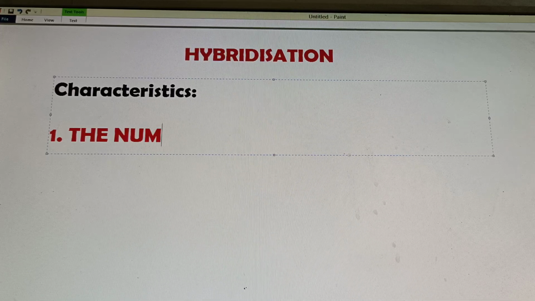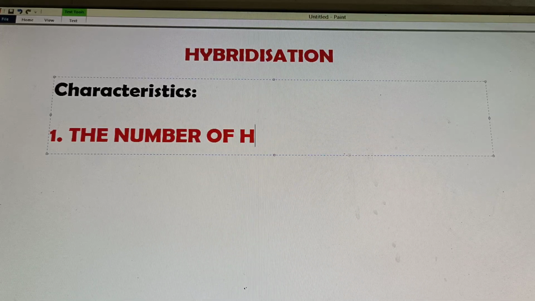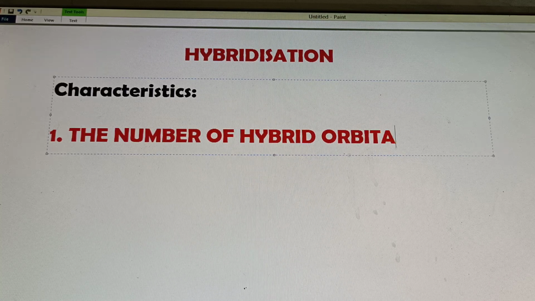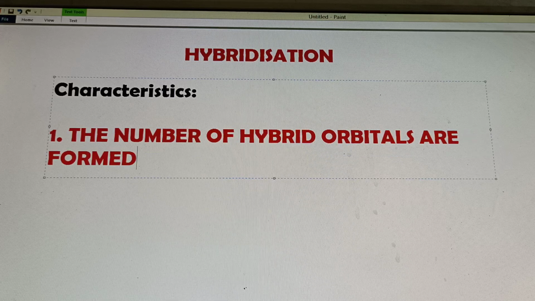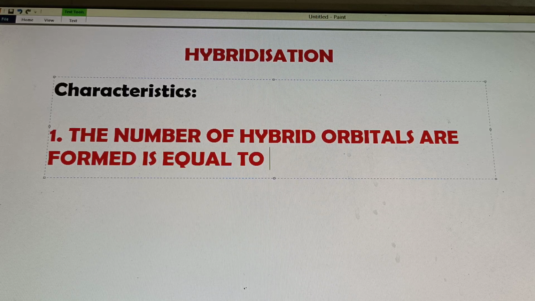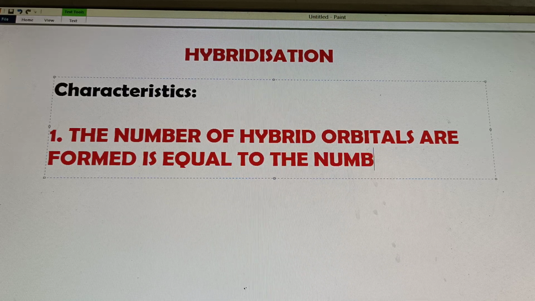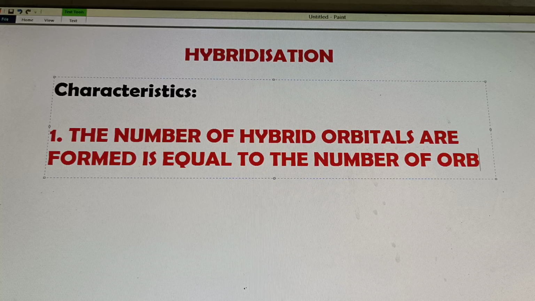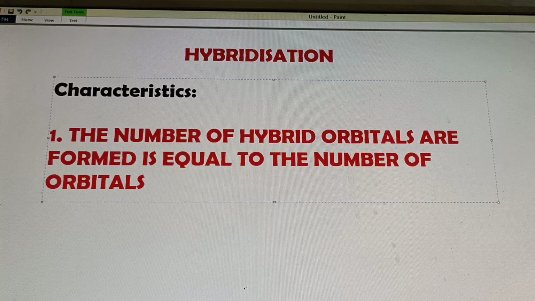So the first point is the number of hybrid orbitals formed is equal to the number of orbitals that get intermixed.